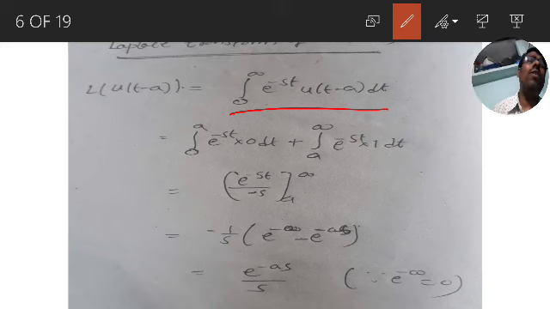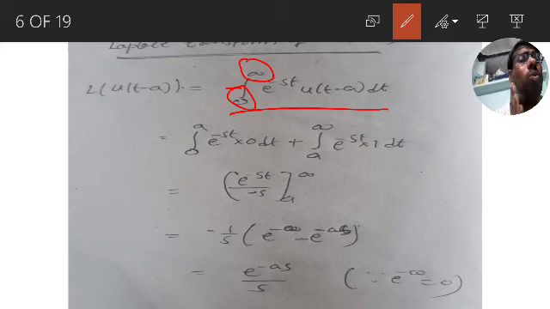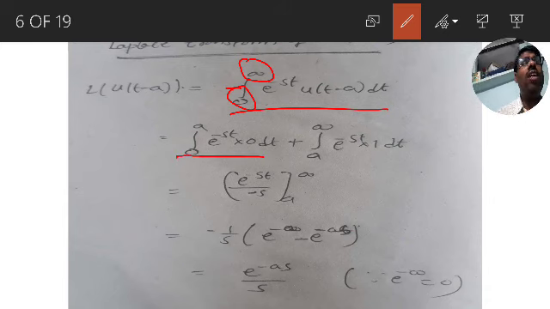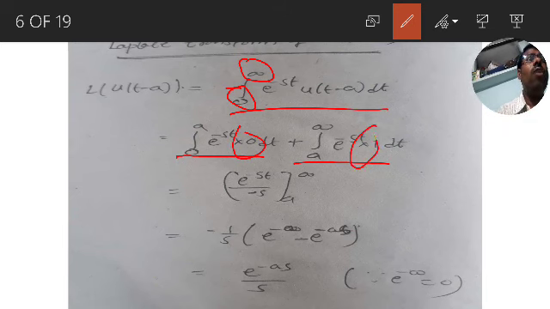But the limits of integration are 0 to infinity, and over 0 to infinity the unit step function does not have the same value. From 0 to a, the unit step function is 0, and from a to infinity, it is 1. Therefore, we divide the integral into two parts, 0 to a plus a to infinity. Are you able to get it?